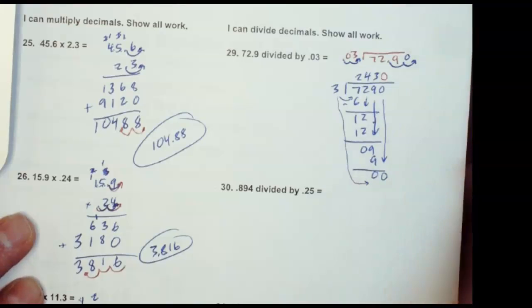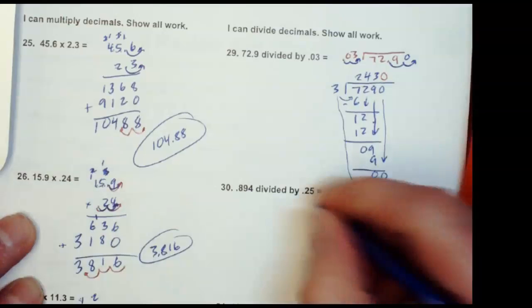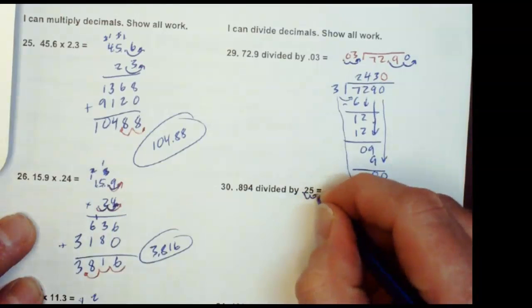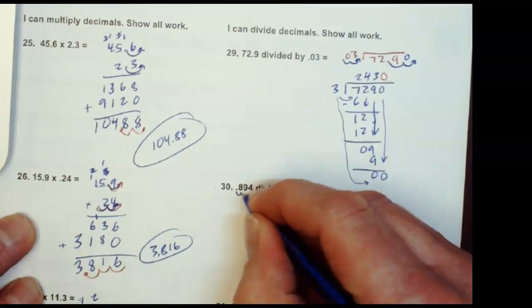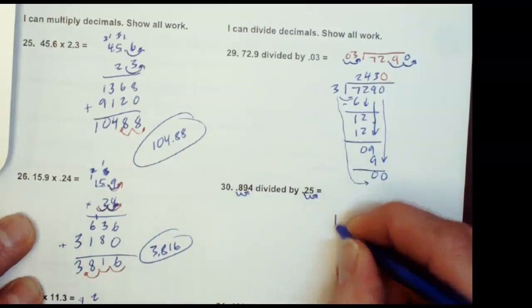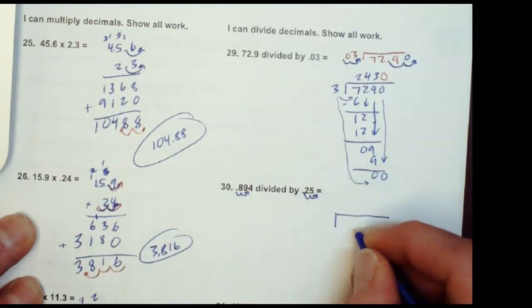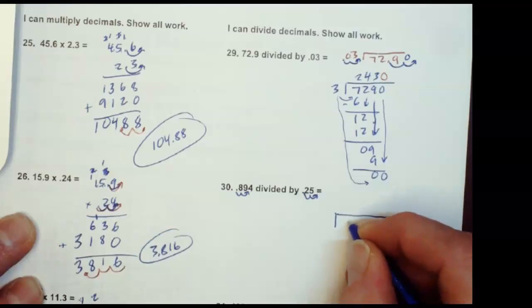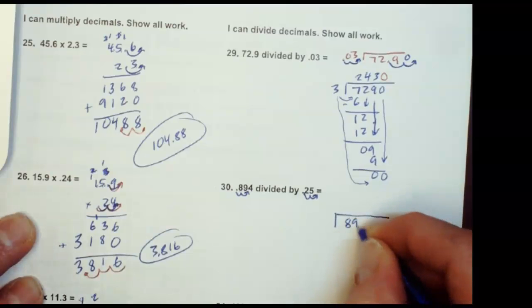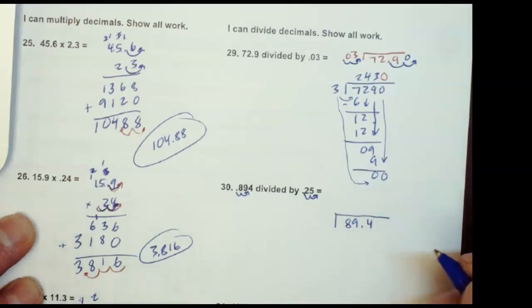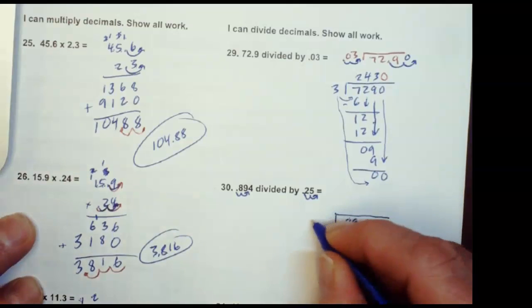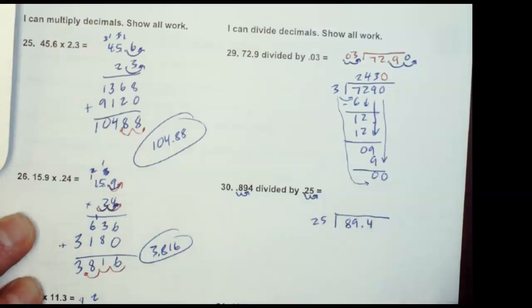Okay, let's do this next one here. This time I'm going to do it right here. I've got to move this decimal 2 times. So I'll move this one 2 times. So my new problem is going to be 89.4, and I'm dividing that by 25.